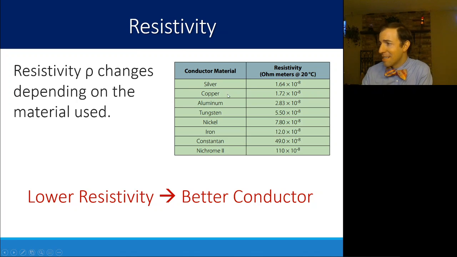Copper, as you can see, is a pretty low resistivity value. It doesn't offer a lot of resistance for its material, the amount of meters that you're using. So it makes a great conductor, something that we use a lot in electrical circuits and wires. Silver and gold are even better conductors, but they are much more expensive and don't give you as much bang for your buck.